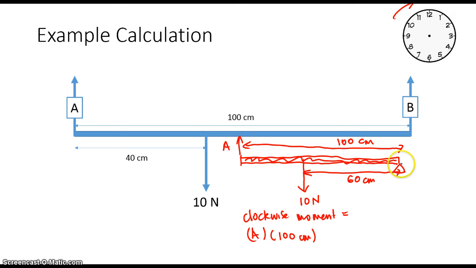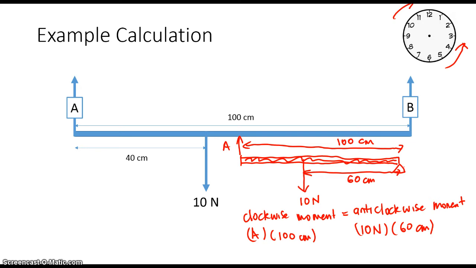Always know where your pivot is. Now my pivot is here and my 10 Newton force is here, and with respect to this pivot, the rod will tend to turn in the opposite direction, which is anti-clockwise. So this anti-clockwise moment will be 10 Newtons times 60 cm.